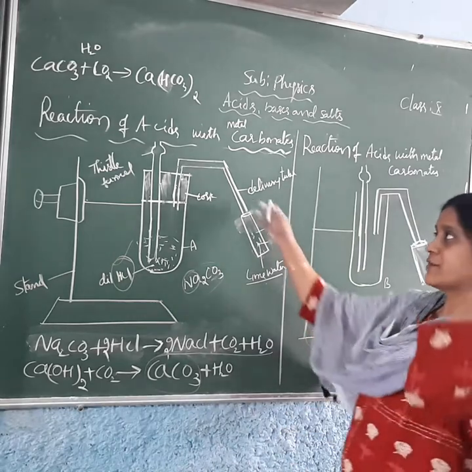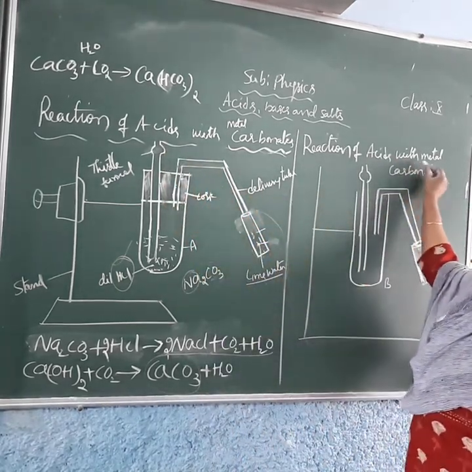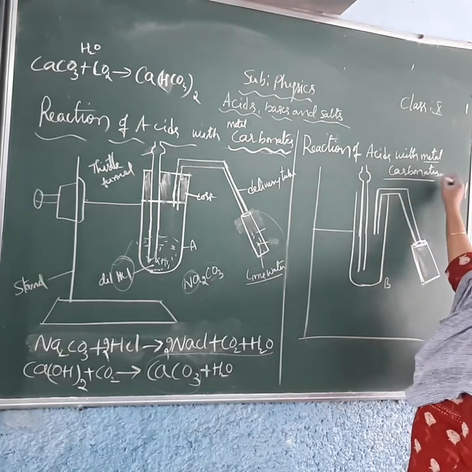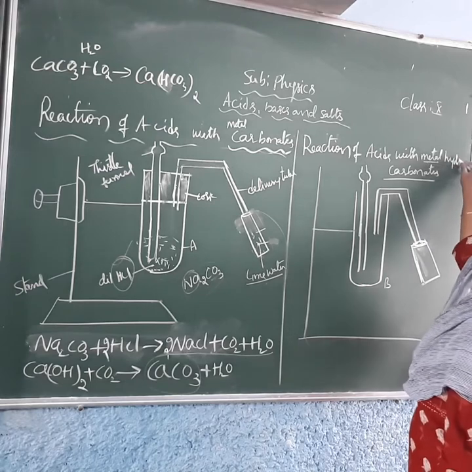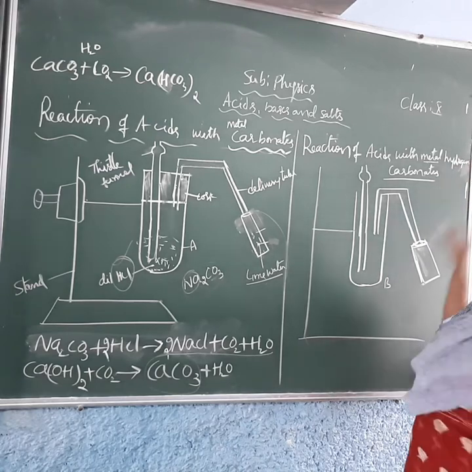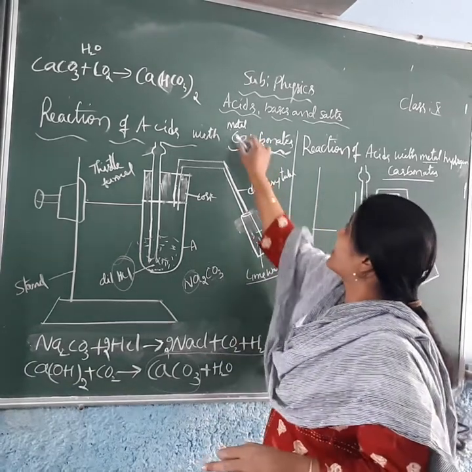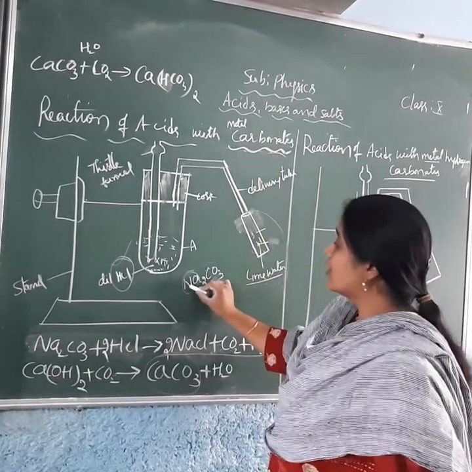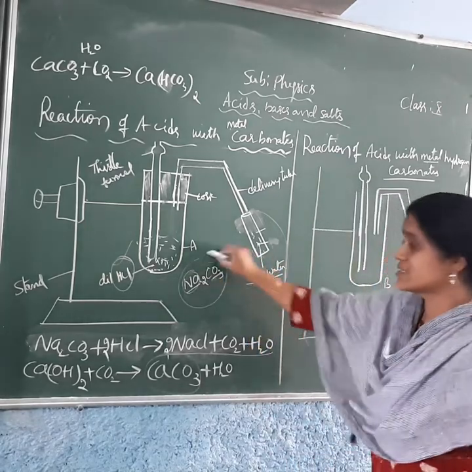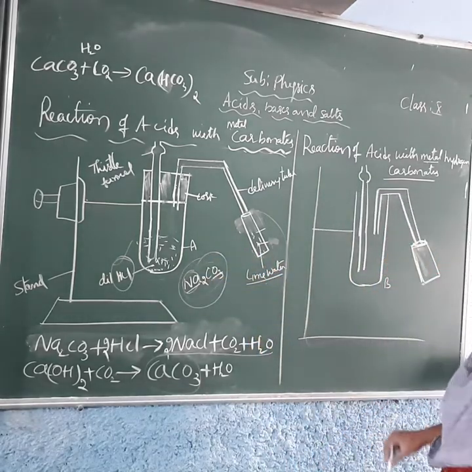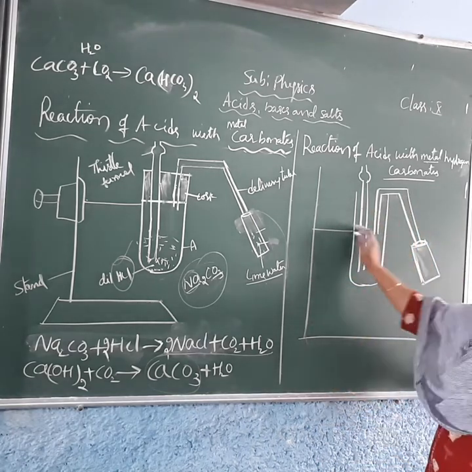Now the same reaction when acids react with metal hydrogen carbonates. Earlier I took metal carbonates only, so now I should take metal hydrogen carbonates instead. Same arrangement: take the stand and test tube, fix it.